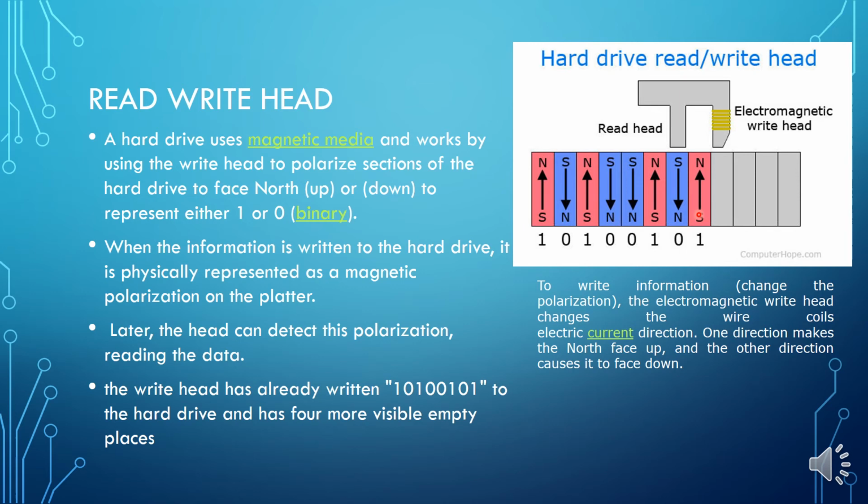And if you are demagnetizing, means your north faces down, then it is known as demagnetization. So basically, magnetization and demagnetization are the two words for 1 or 0 bit in binary.